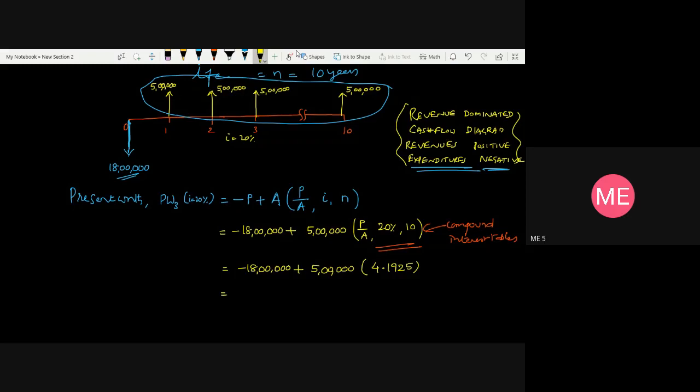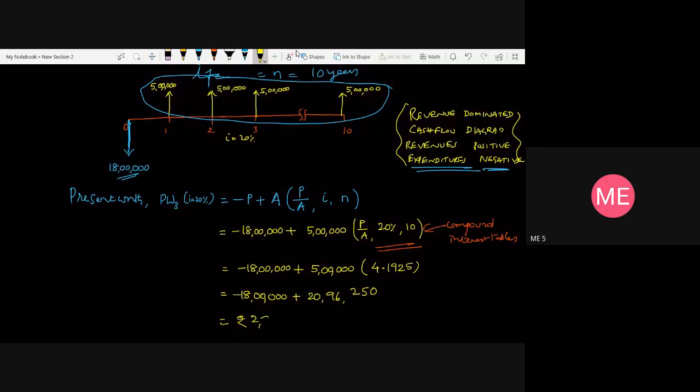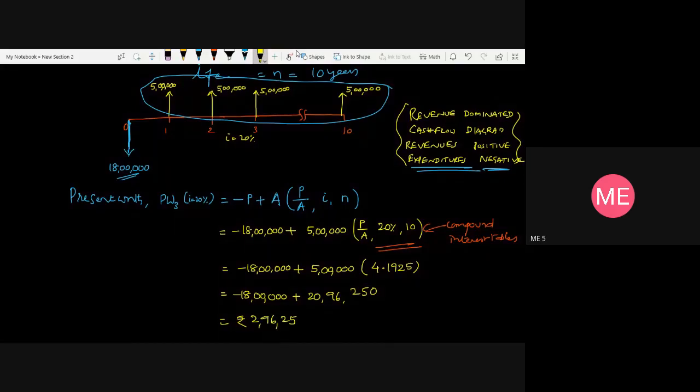So from this, by simplification, 18 lakhs, then by simplifying this I'm going to get around 20.96, that is 20 lakhs 96,250 rupees. By subtraction of these two, I'm getting rupees 2,96,250. So this is the present worth amount of the alternative 3.